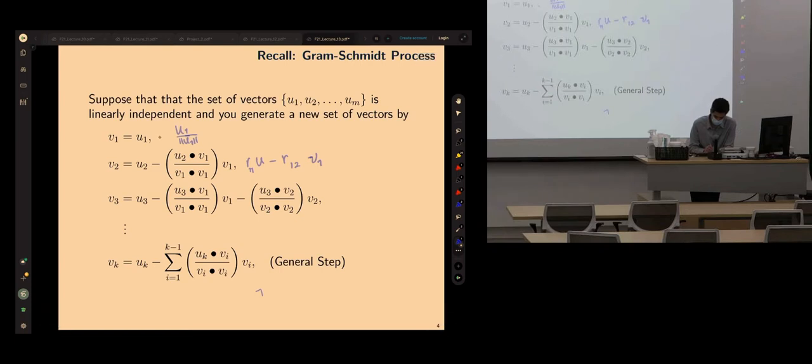And if I multiply it by the norm and divide it by the norm, right? As if I've done nothing. So I can just say that this is R11 times U1 divided by the norm of U1.